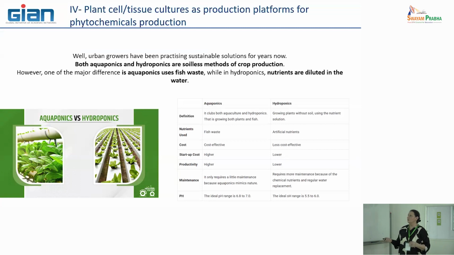You have here different criteria that have been compared. For example, aquaponics is cost effective, while hydroponics is less costly. This is normal. You do not have exactly the same involvement of different systems with fish, with plants, and so on.